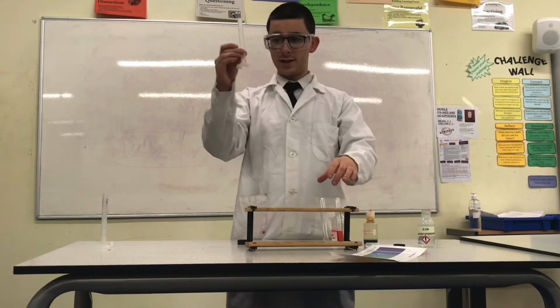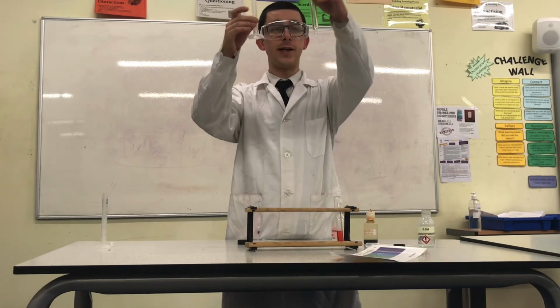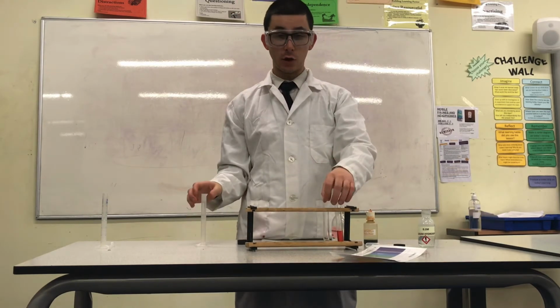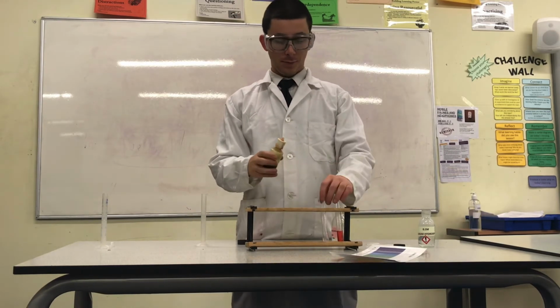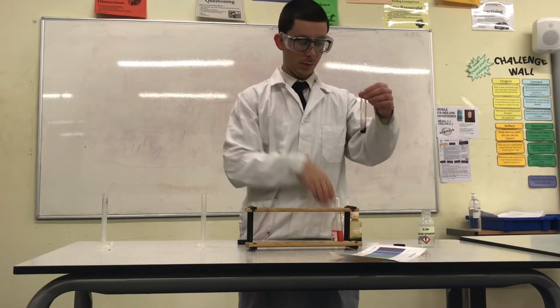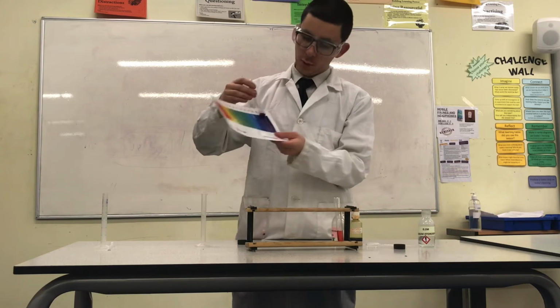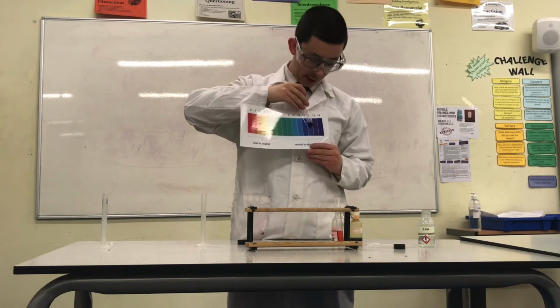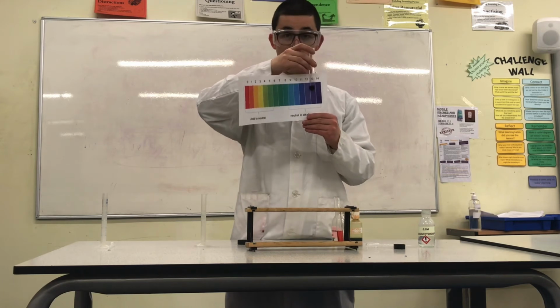I'll pour the 1 centimeter cubed sodium hydroxide into a clean test tube and add a universal indicator. We can see that it has turned a dark purple, indicating a pH of around 13.